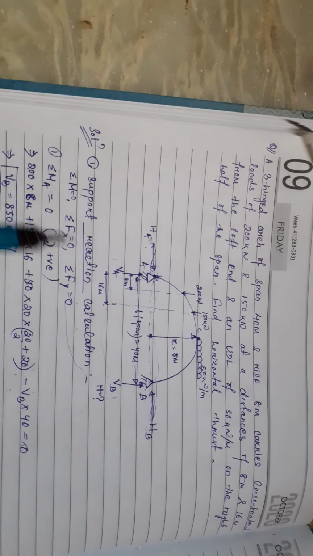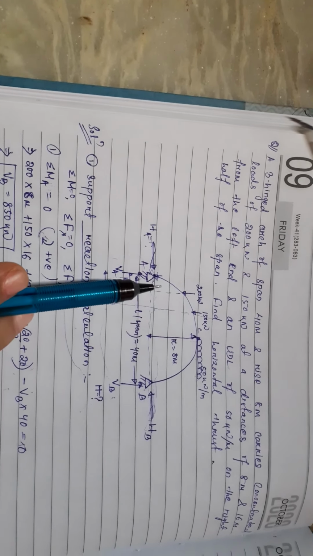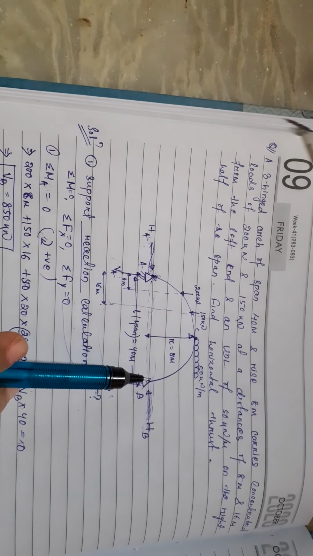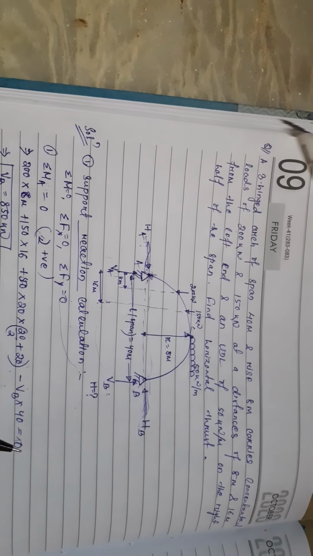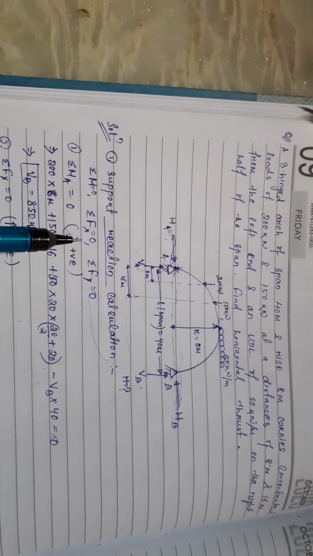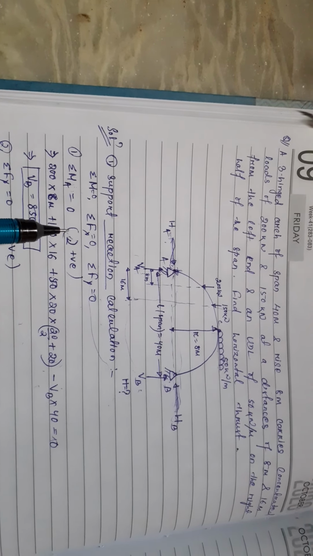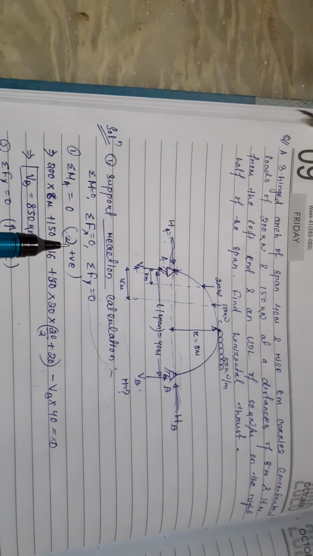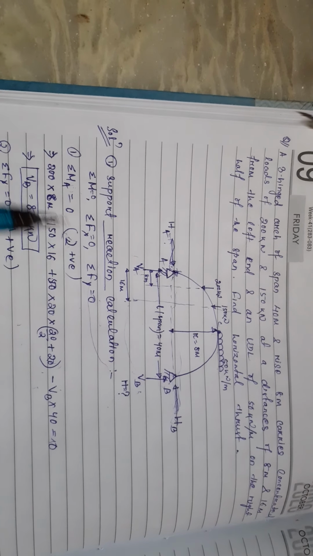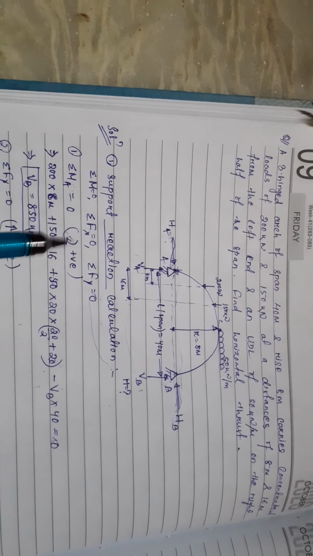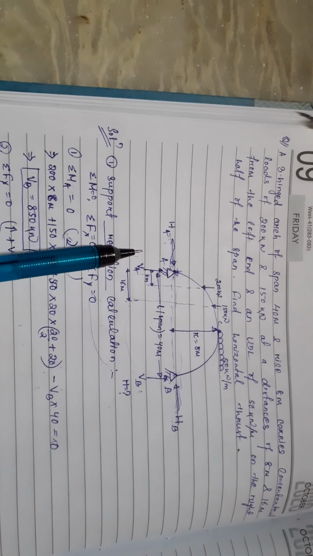In support reaction, either we take moment at A equals to 0 or moment at B equals to 0, but I am taking the moment at A equals to 0. Let's take clockwise moment as positive. Moment is equal to perpendicular force into perpendicular distance.